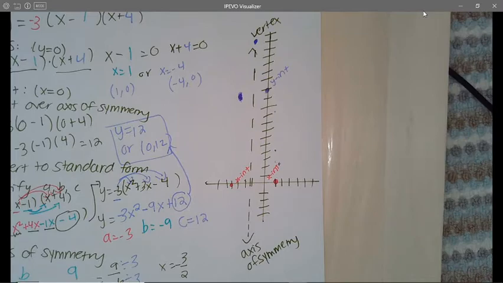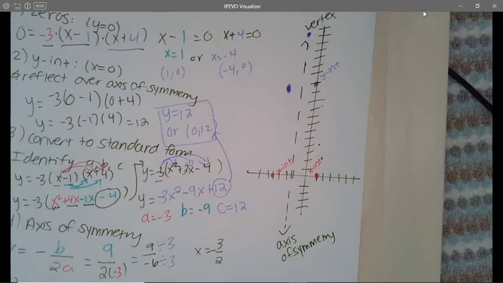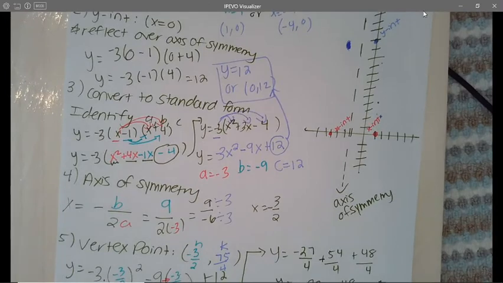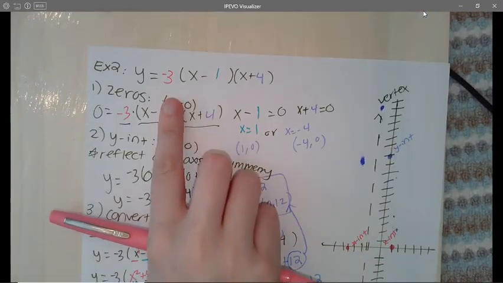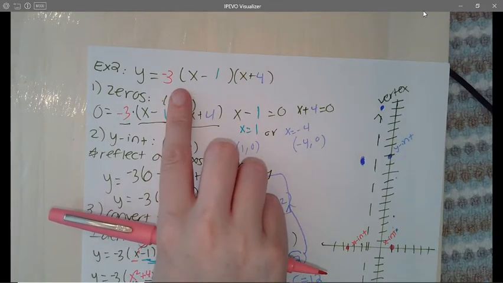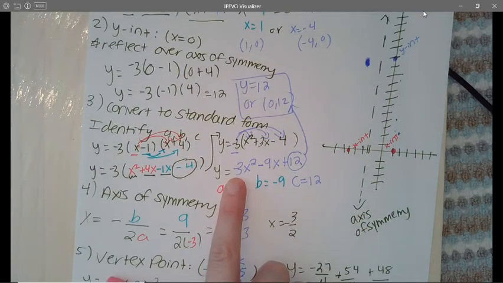Okay, so the last step is to find the a value, which will tell us if it's a max or minimum, which you can kind of already tell it's facing down if you were to trace it, but it doesn't hurt to just verify that. So our a value, remember the a value is the number in front of your parenthesis in factored form, or your leading coefficient of standard form, which is a negative 3.